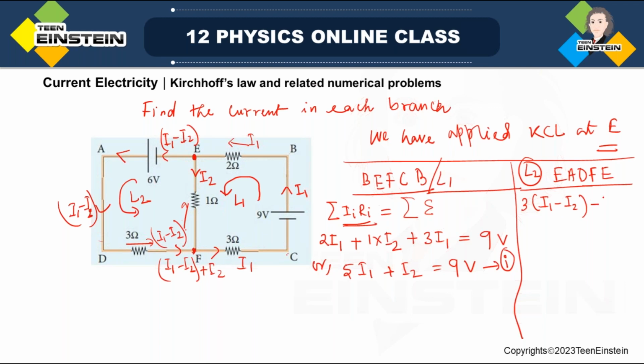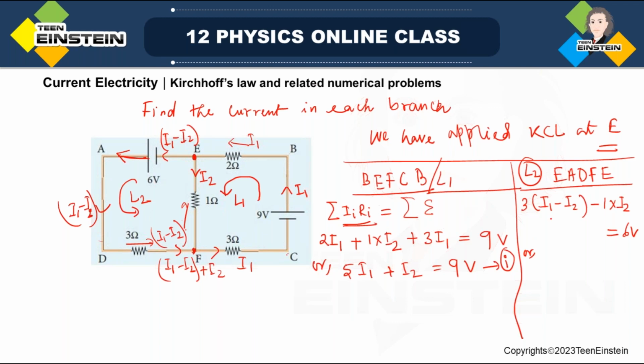So I have to take minus 1 into I2, and this will be equal to the EMF of the battery. But in this case, I have taken the current in such a direction that this EMF is also positive, because current is coming out from the positive terminal of the battery. So this is positive 6 volt here.